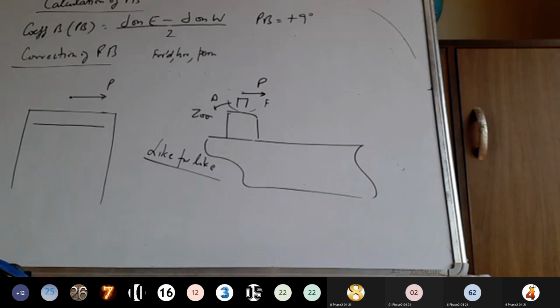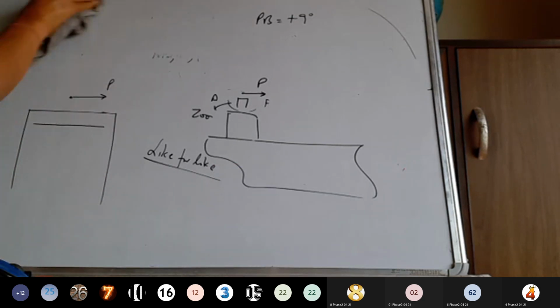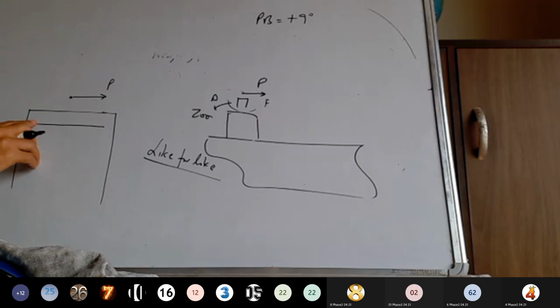Okay. So what we can write here? So what are these? These are the 4.5 horizontal permanent magnets.